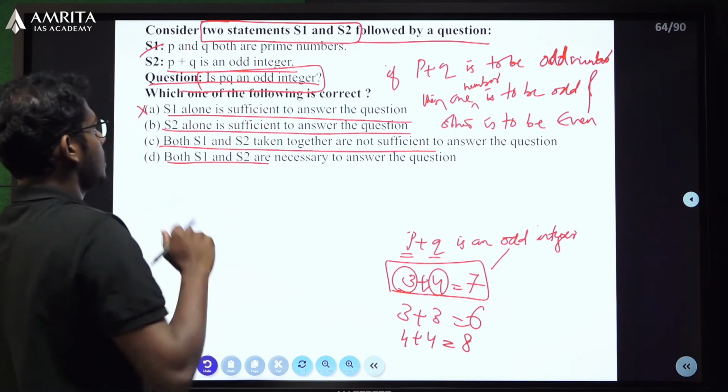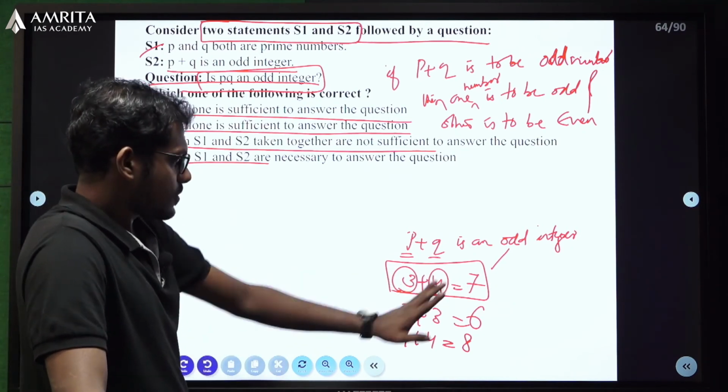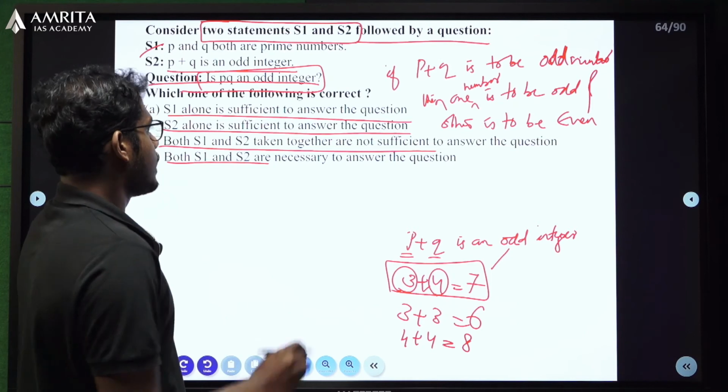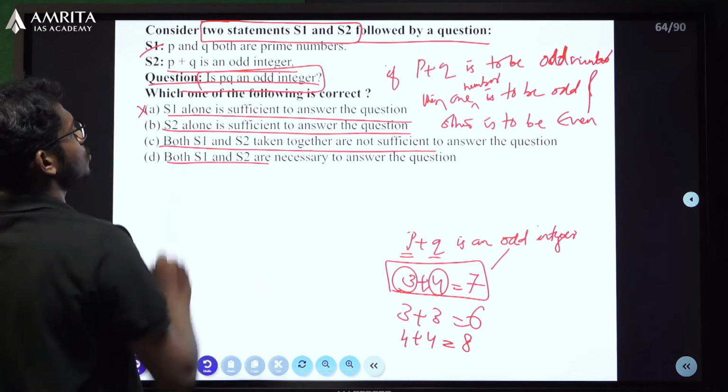Now the statement says that P plus Q is an odd integer.